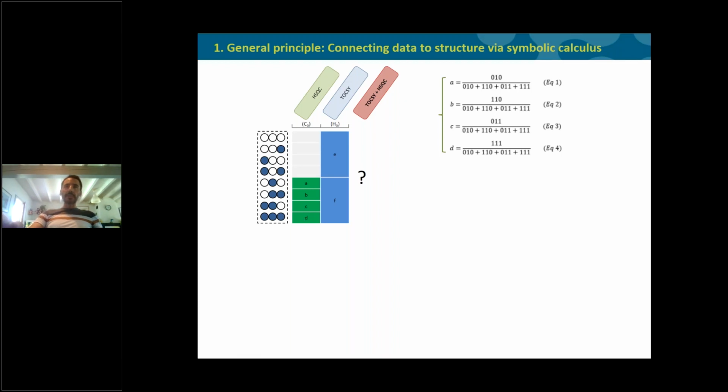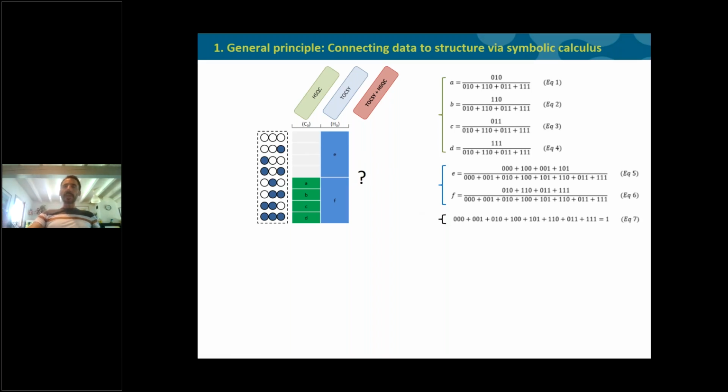We can also do that with TOCSY. With TOCSY, we access this form, so the sum of these 4 isotopic forms relative to the total pool. This is what is expressed here. And we can do the same for this measurement, which is these 4 forms relative to, here again, the complete pool of isotopic species. There is one extra relationship that is always present: the sum of all the species of the molecule always sums to 1. And out of that, we have a set of equations that we can solve.